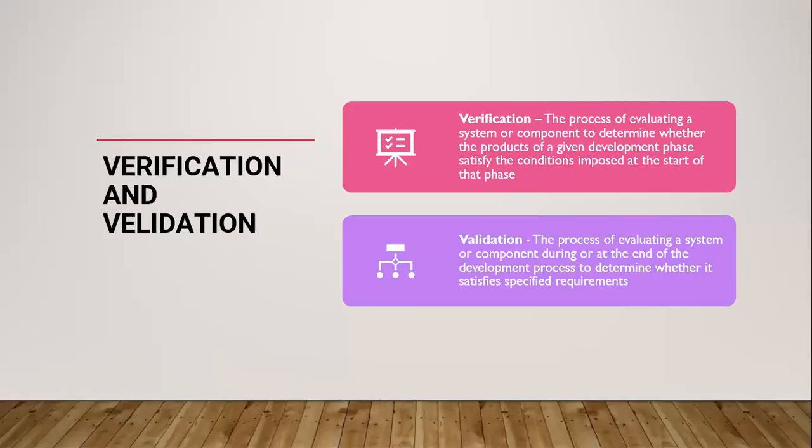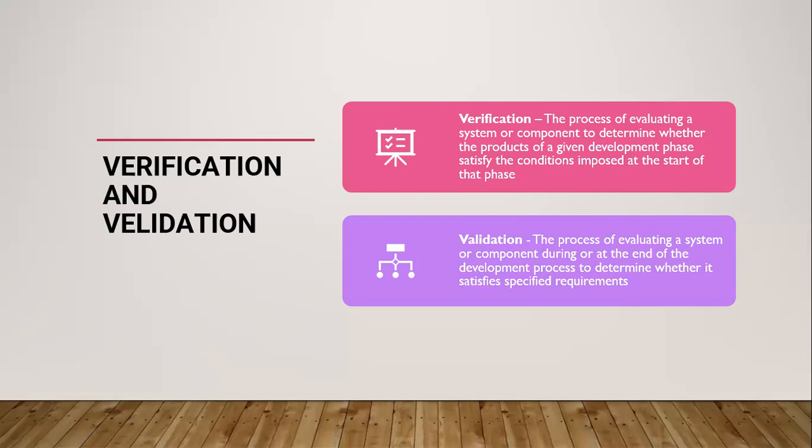Verification and validation. Why do we conduct a review? Because we want verification and validation. Verification is the process of evaluating a system component to determine whether the products of a given development phase satisfy the conditions imposed at the start of that phase.